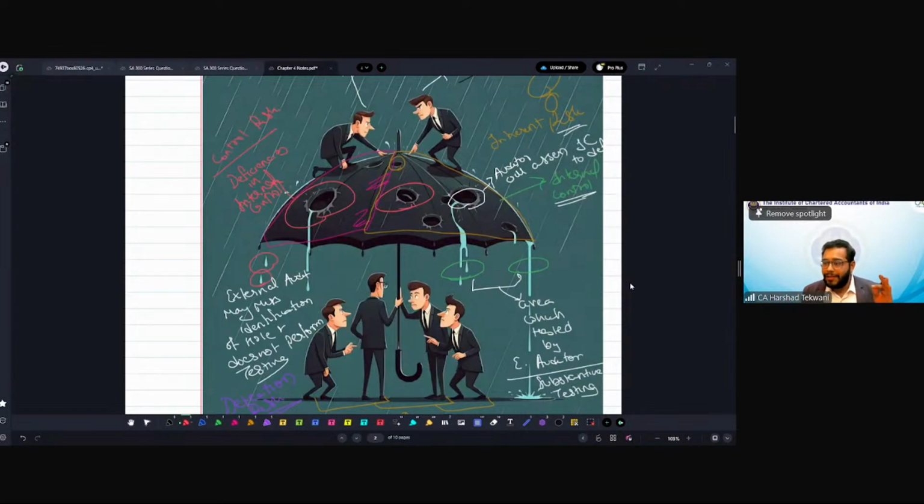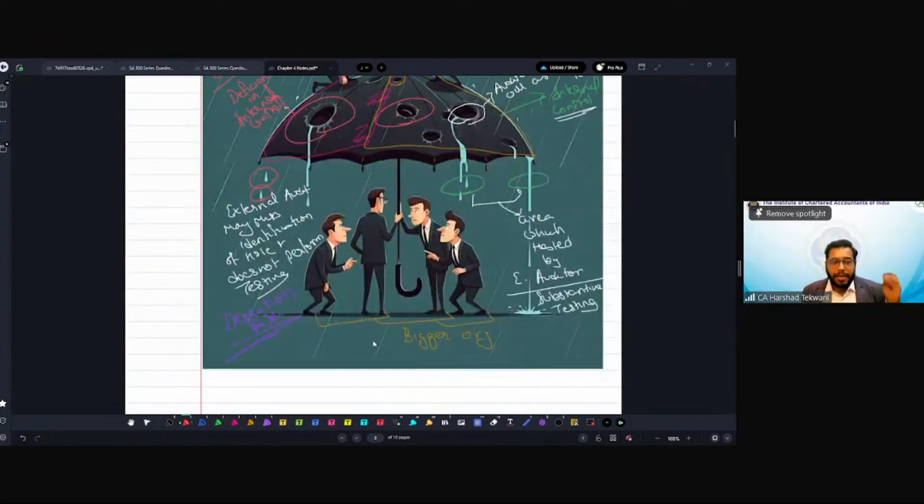Audit risk is a combination of all three. The rain is going to fall, that is inherent risk. The water will drip from the umbrella because of deficiencies in the umbrella, that is control risk. Detection risk is that the auditor will miss looking at those holes, and the outcome is audit risk, that something is left out.